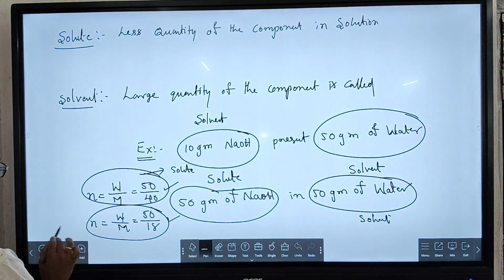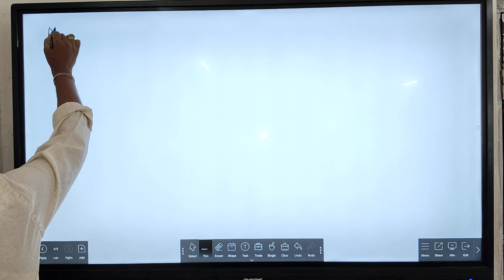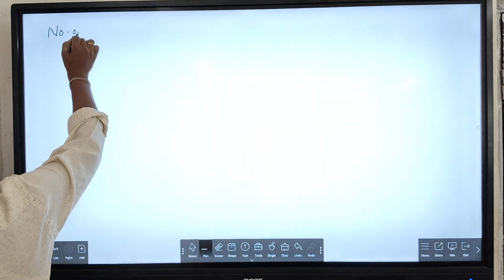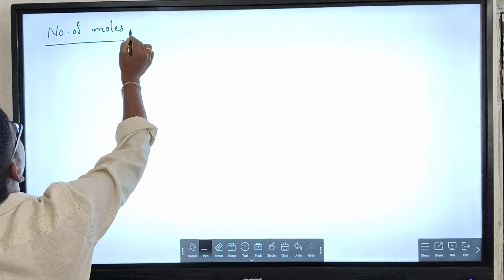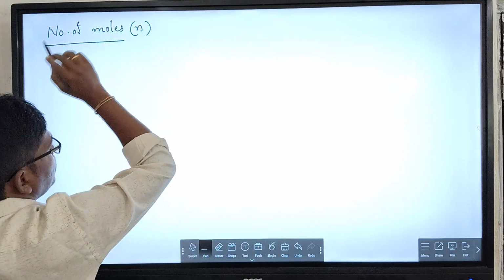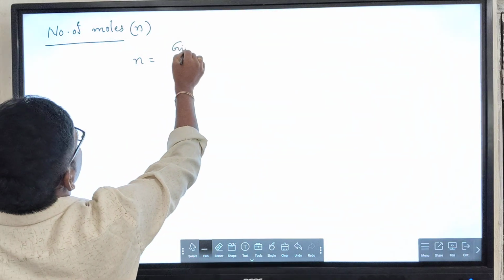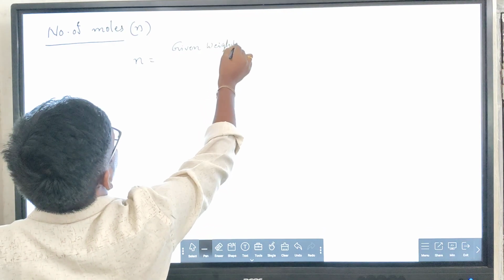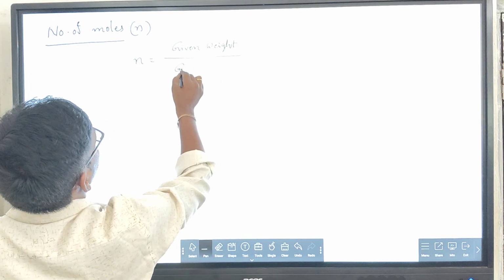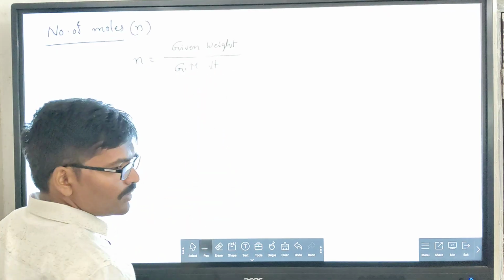Here, to convert to the number of moles, we represent moles with small n. So number of moles equals given weight divided by gram molecular weight.